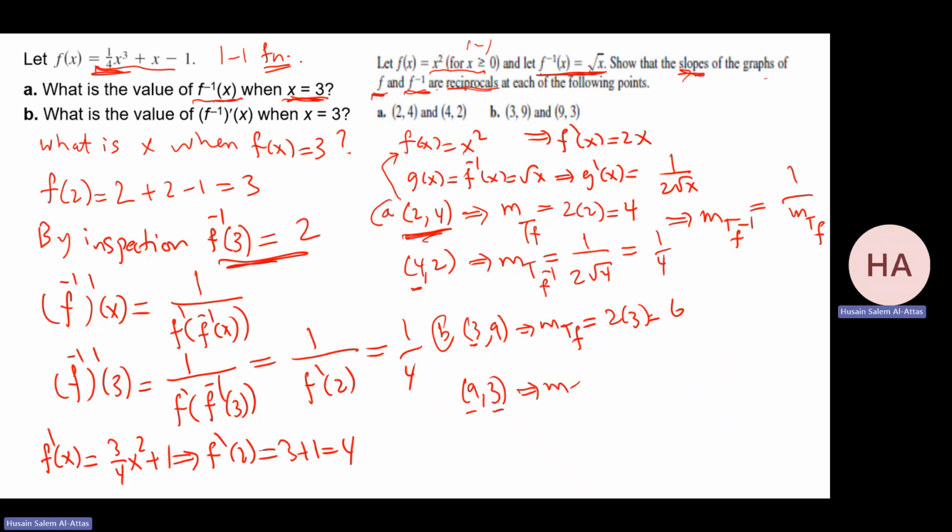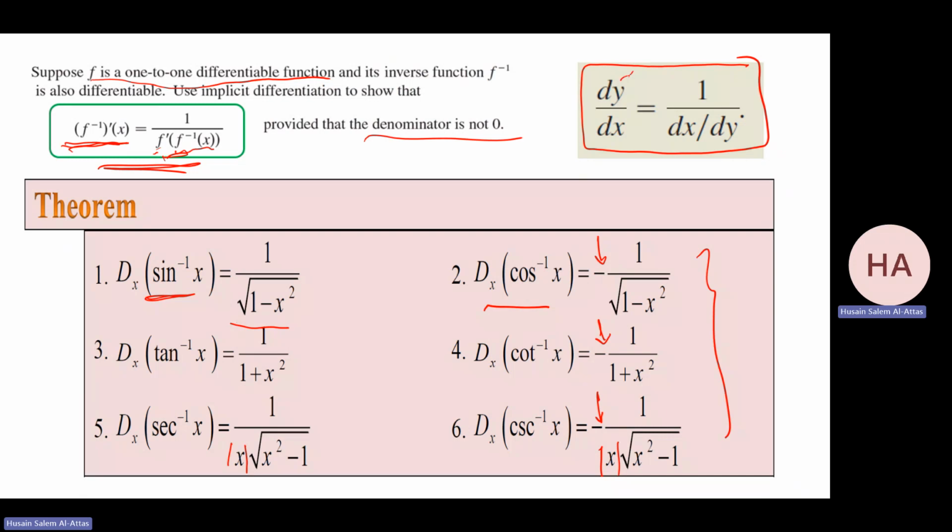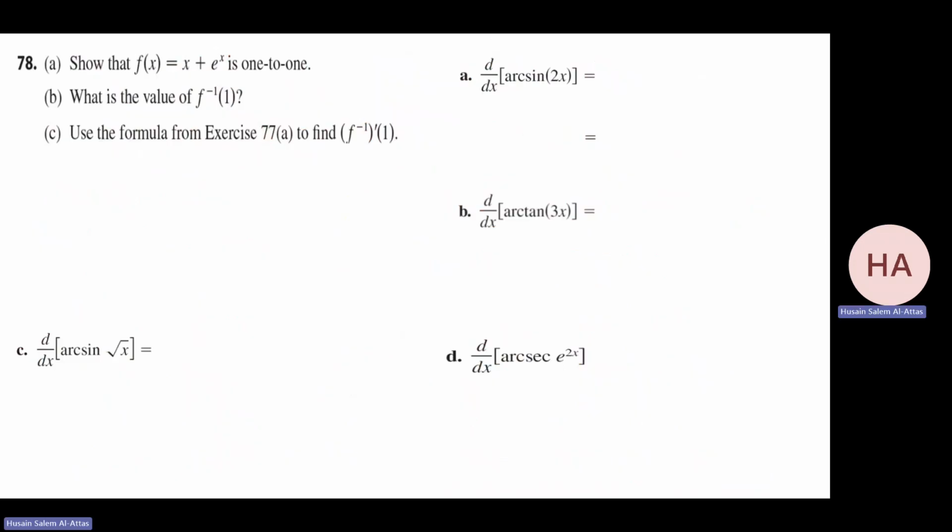So the slope of f inverse will be 1 over 2 root 9, and that will be 1 over 6. So clear, and the slope of f inverse equals 1 over the slope of f. And that's what they meant by this formula. The slope of f is 1 over the slope of f inverse, where I make it x as a function of y or y as a function of x. Okay.